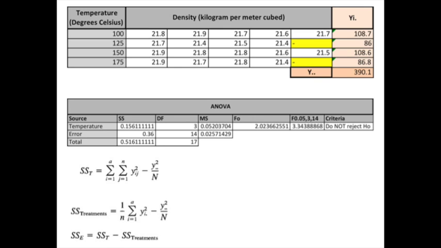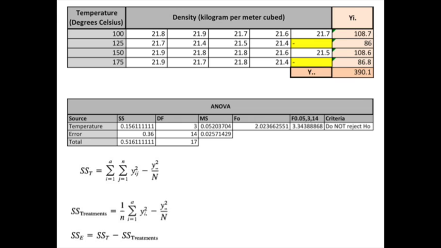We will first start by making the sum of each row, which is the yi dot, and then by doing the y double dot. Once we have this data, we will continue with the analysis of variance table. Our only source is the temperature.